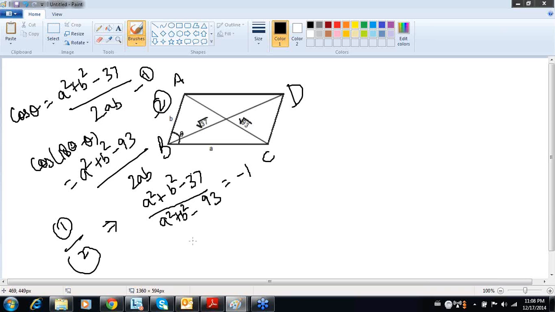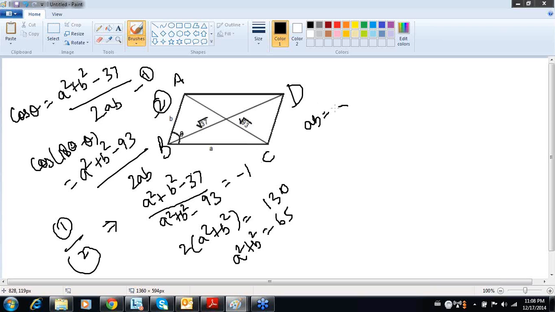So that means 2 into a square plus b square is equal to 130. So a square plus b square will be 65. So we found out a square plus b square is 65.